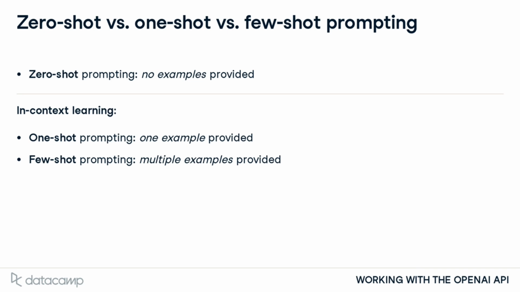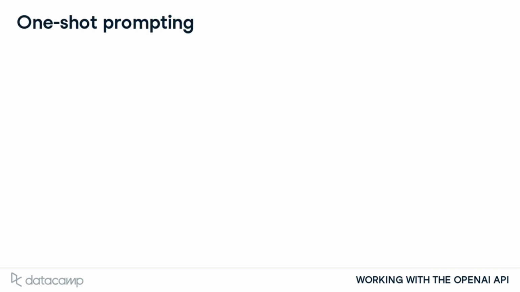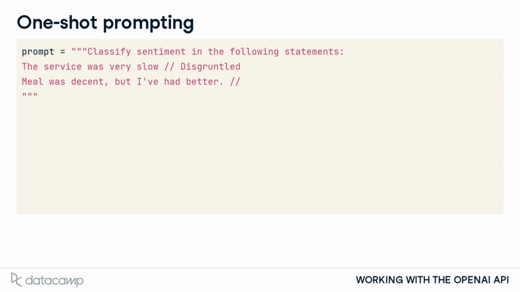Let's return to sentiment analysis to give these prompting techniques a go. We're again dealing with restaurant reviews, but this time we want the sentiment to be more specific. To do this, we provide one example in the prompt, clearly separating the input and output, followed by the review to analyze.